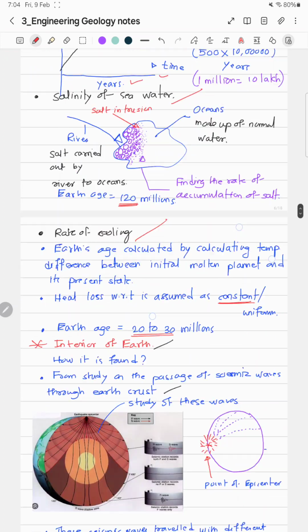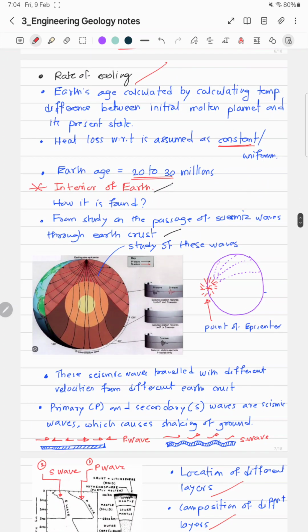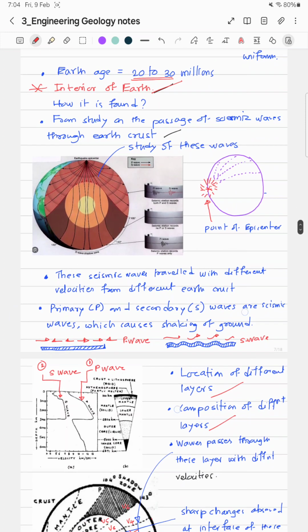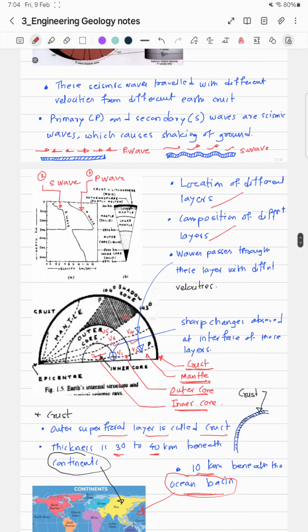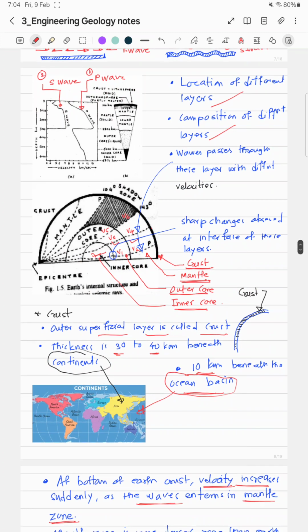Okay, and then we have also seen how the interior of earth has been identified, based on the passage of P waves and S waves. There are different zones in the earth's interior, which are crust, mantle, outer core and inner core.